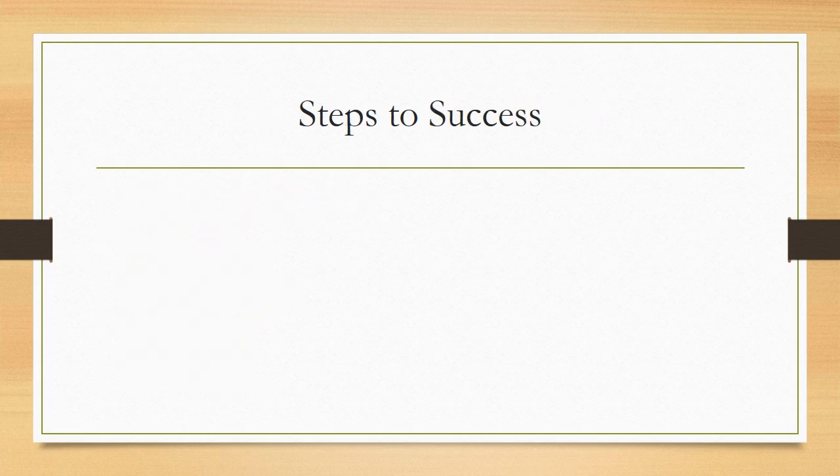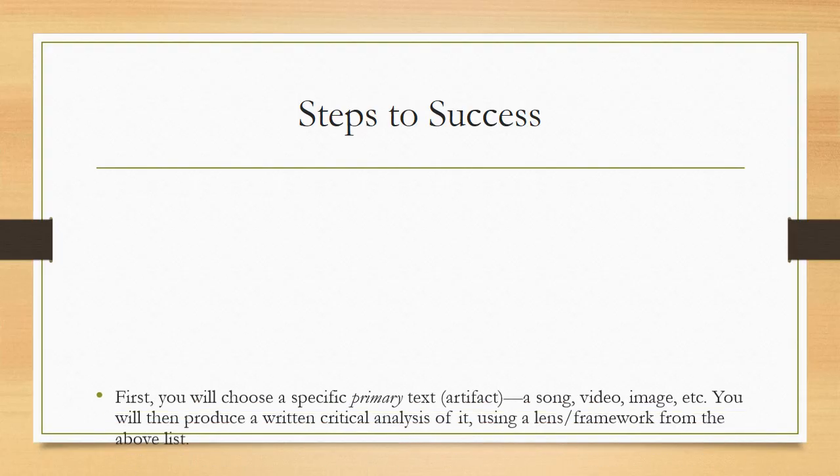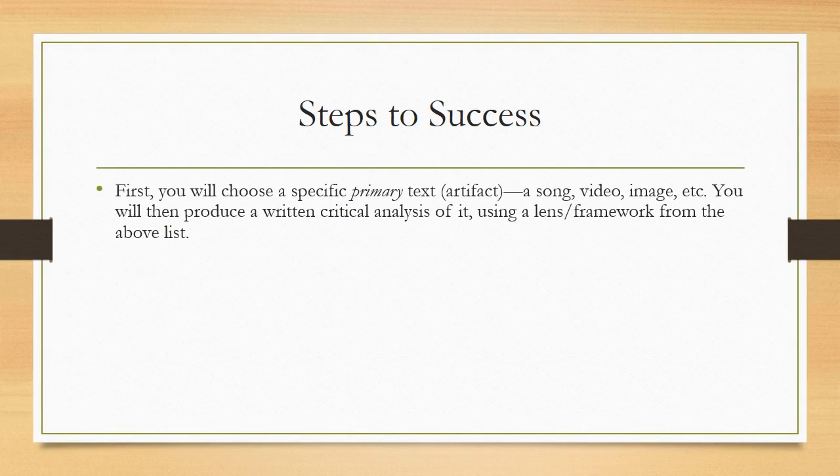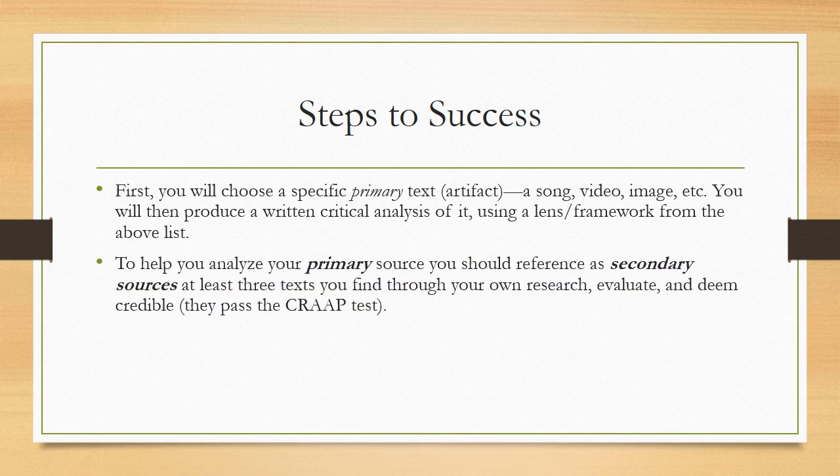The next part of the prompt is the steps to success, so some things you need to include in your essay. So obviously you need to pick the primary text and the lens to study it. We just talked about that. Second, you're also going to have to do research. I use the word primary source to describe the text.